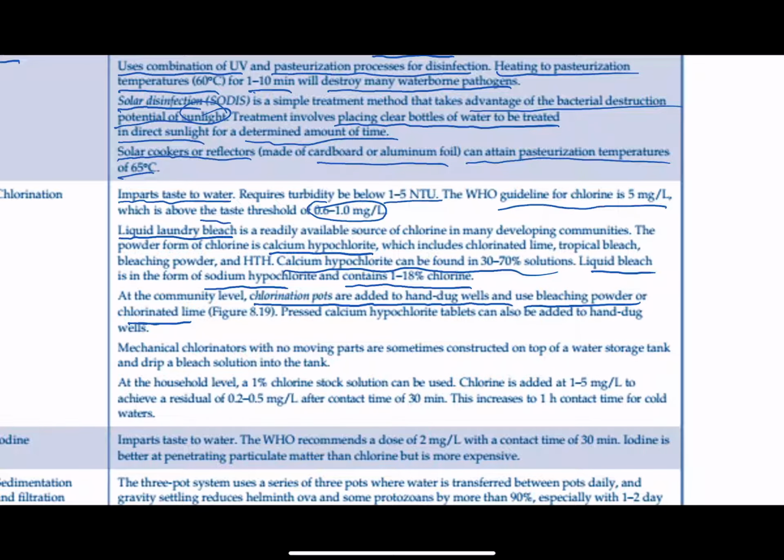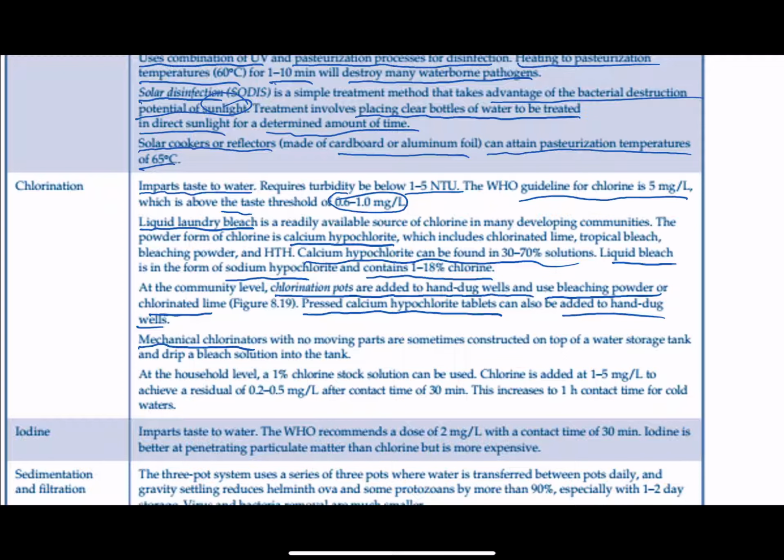Mechanical chlorinators with no moving parts are sometimes constructed on top of the water storage tank, with a drip of bleach solution into the tank. At the household level, a 1% chlorine stock solution can be used. Chlorine is added at 1 to 5 milligram per liter to achieve a residual of 0.2 to 0.5 milligram per liter after a contact time of 30 minutes. This is increased to 1 hour contact time for cold waters. Remember, cold waters need more disinfectant.